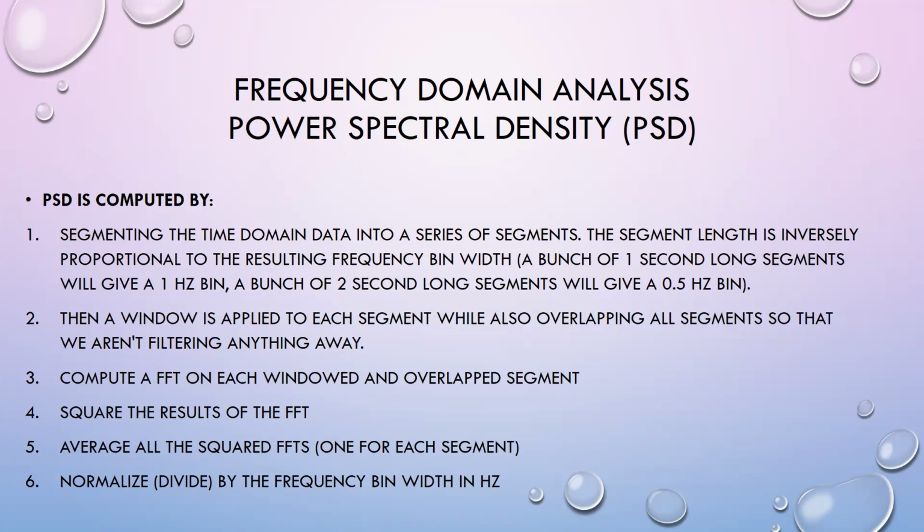But in PSD, we divide the signal into different segments, and we calculate the FFT for each of these segments, and then find the overlapping for each segment, and then by squaring the results of the FFT, we can find the PSD for that specific signal.